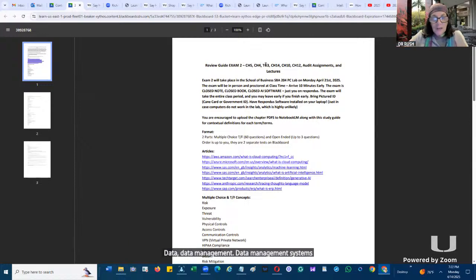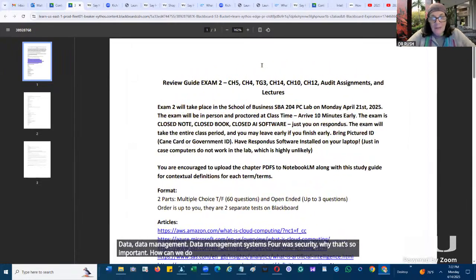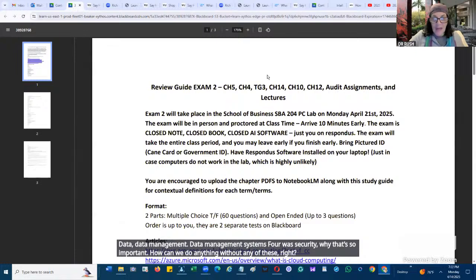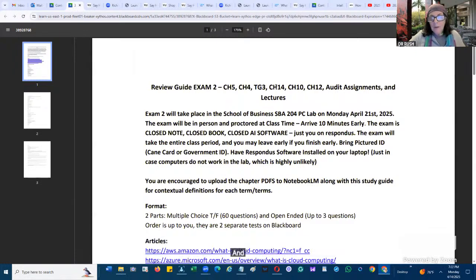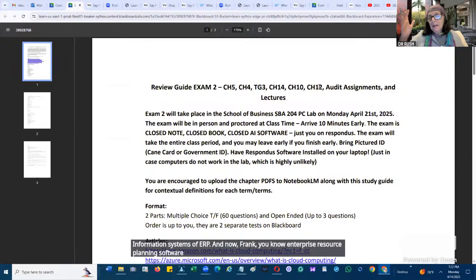Chapter 4 was security, why that's so important. How can we do anything without any of these, right? And then the cloud, AI, information systems of ERP, and now, Frank, you know, enterprise resource planning software, and chapter 12, business analytics.